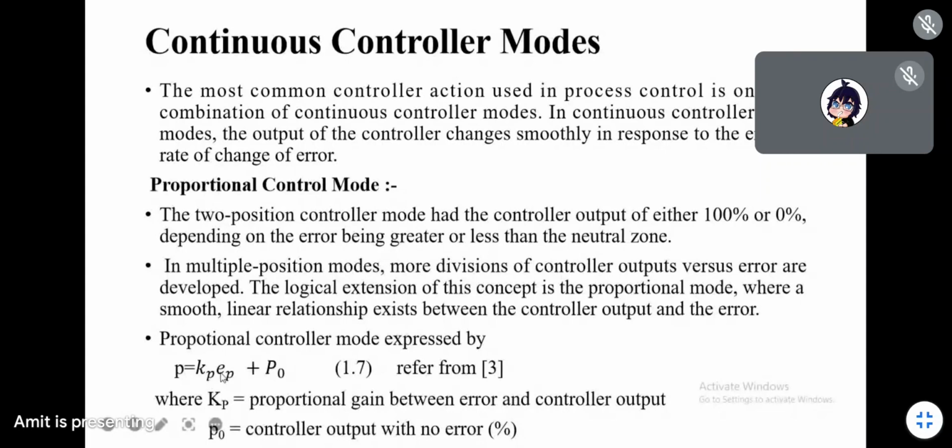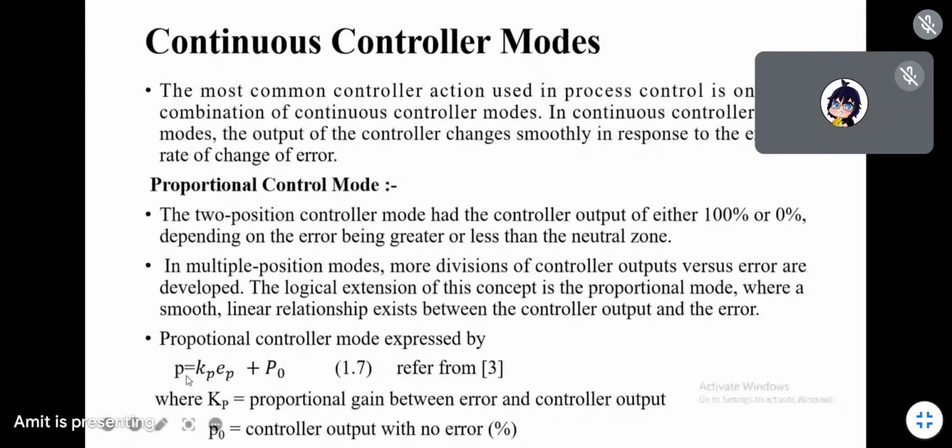Similarly, when error is 20, the controller output will be 40. So to cover the controller output from 0 to 100%, your range of error will decrease. Yes or no? Getting this point?